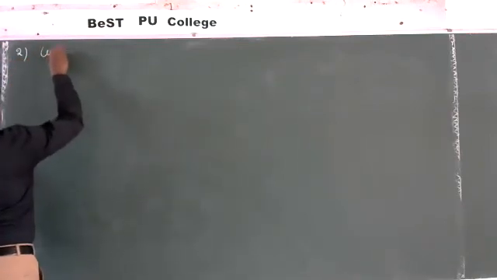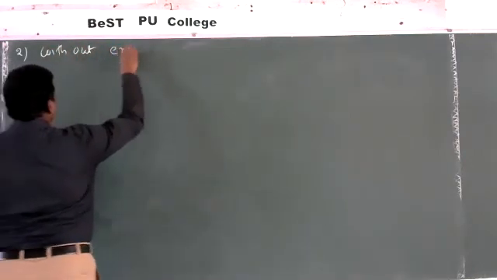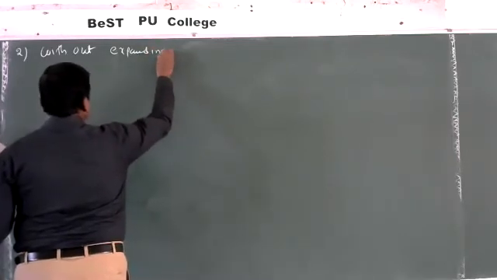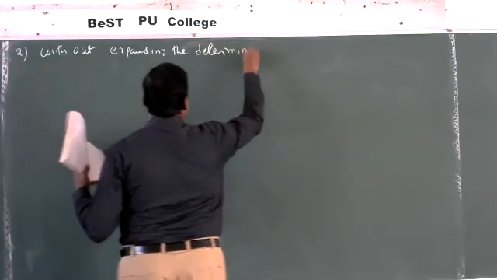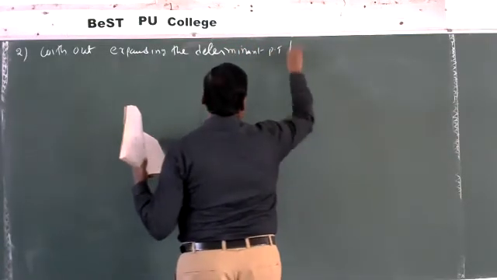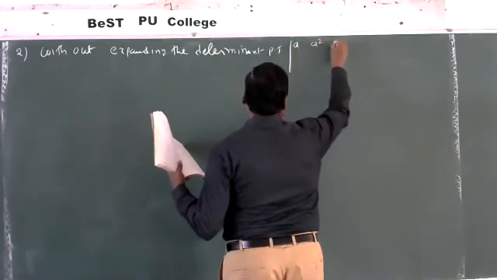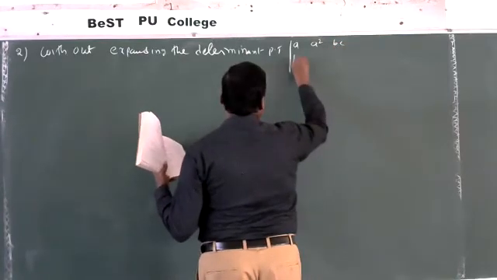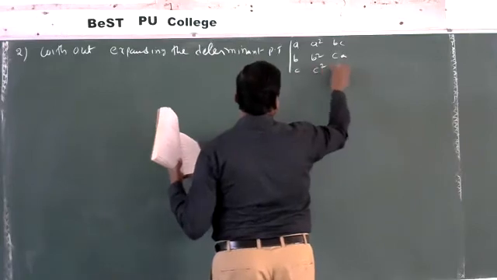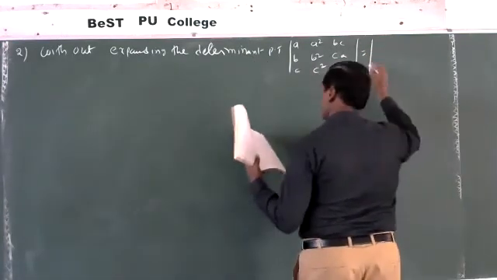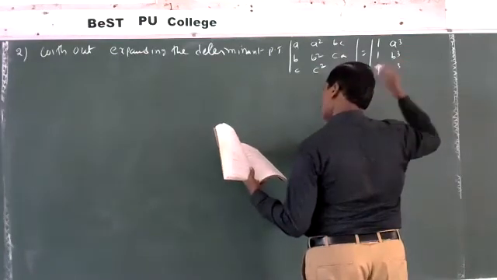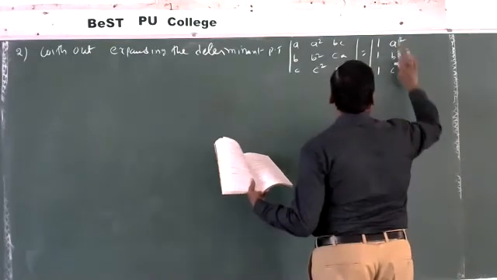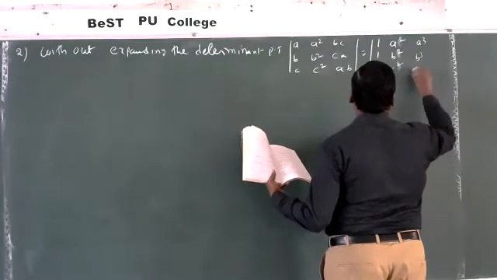Next, second problem. Without expanding the determinant, prove that the determinant of a square, bc, b square, ca, c square, ab is equal to the determinant of 1 a cube, b cube, c cube, a square, b square, c square, a cube, b cube, c cube.